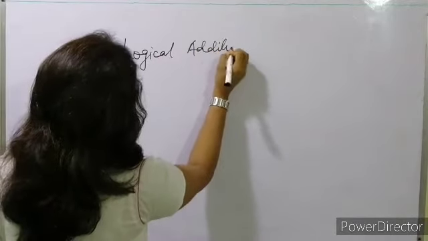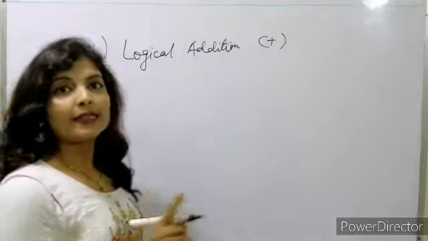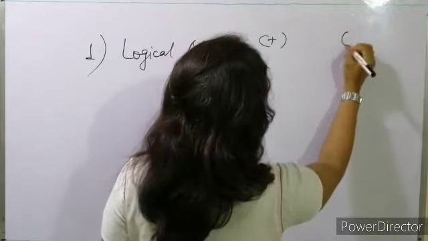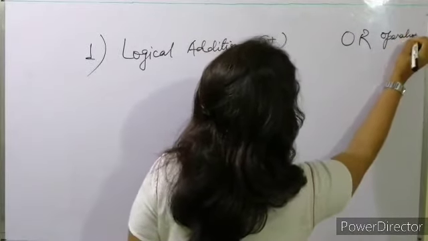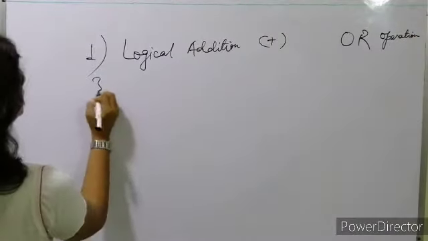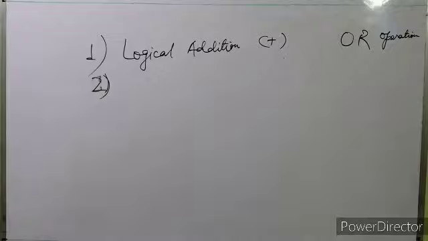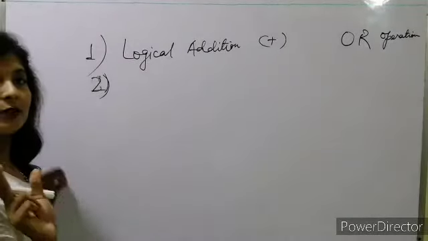Logical addition is denoted by the circuit OR operation. There are three types of basic operations in Boolean algebra.